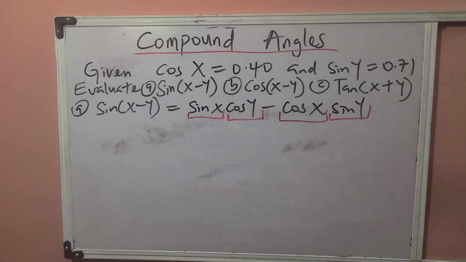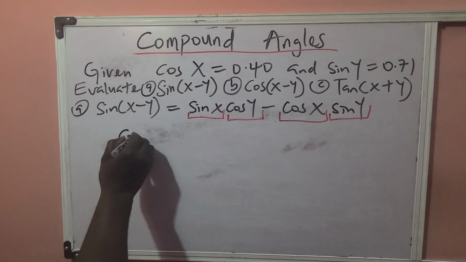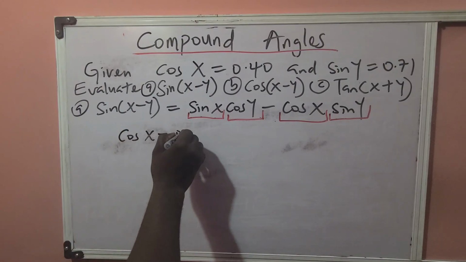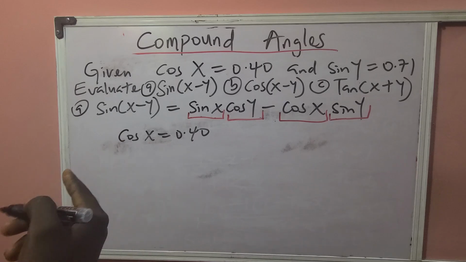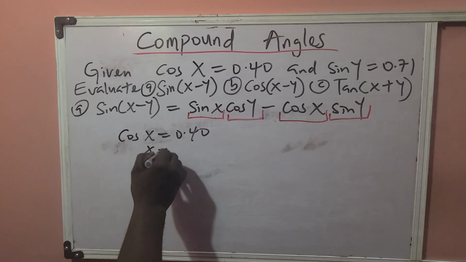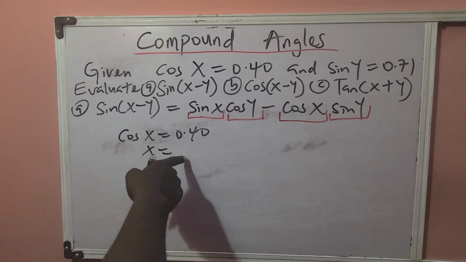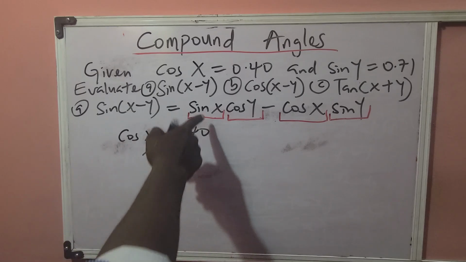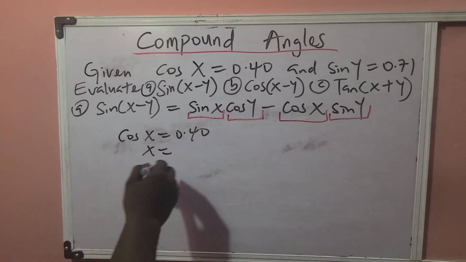So we have to go on to initially find what our sine x and cos y will be. And we can easily get that from what we know already. We know that cos x equals 0.40. So the first thing to find is what is even our x value. We can get our x value from here, and then go on to find sine x from our x value.